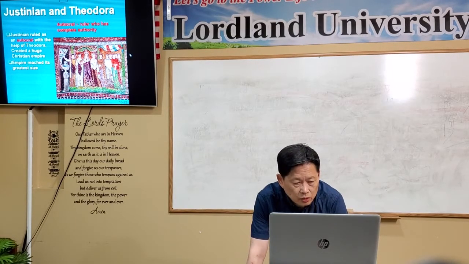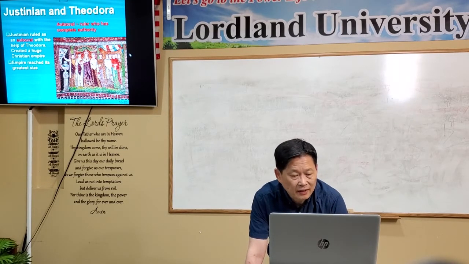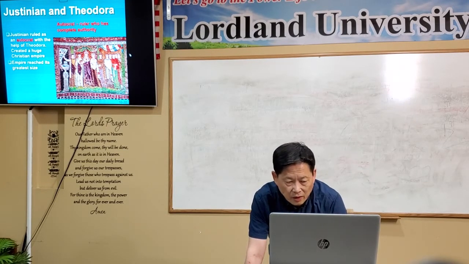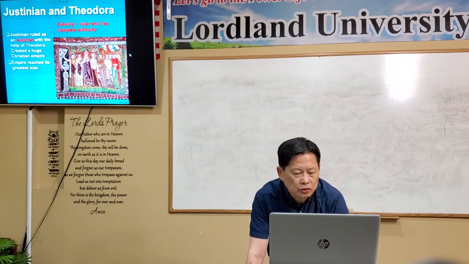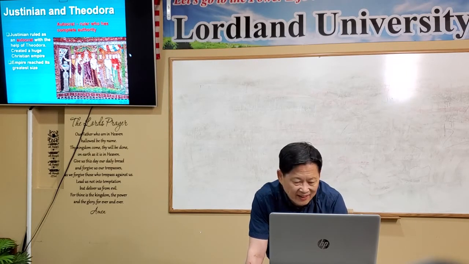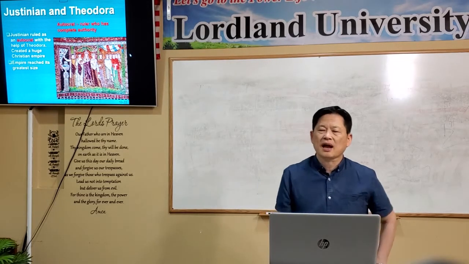Justinian ruled as an autocrat with the help of his wife Theodora. He created a huge Christian empire. His empire reached its greatest size.